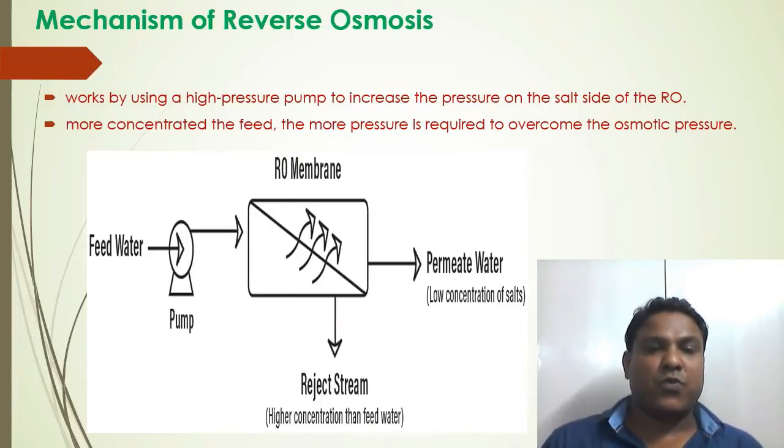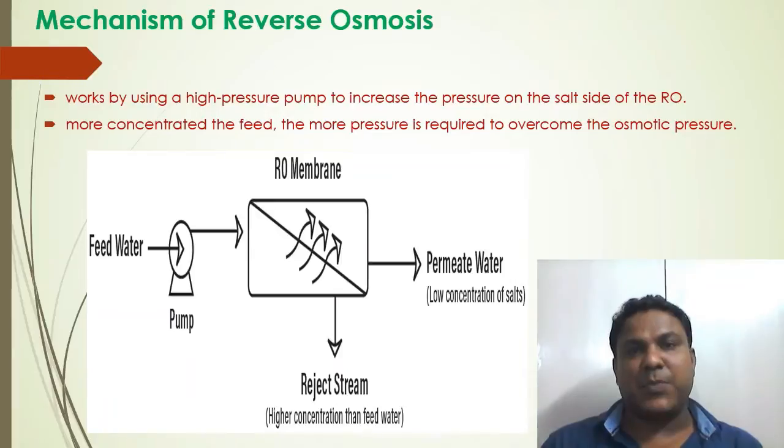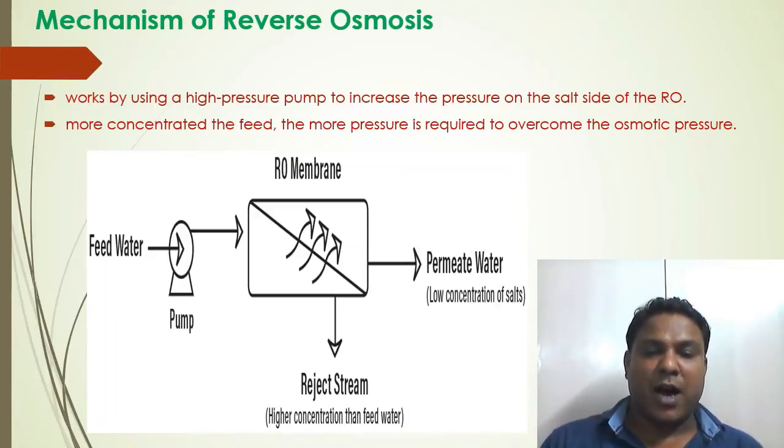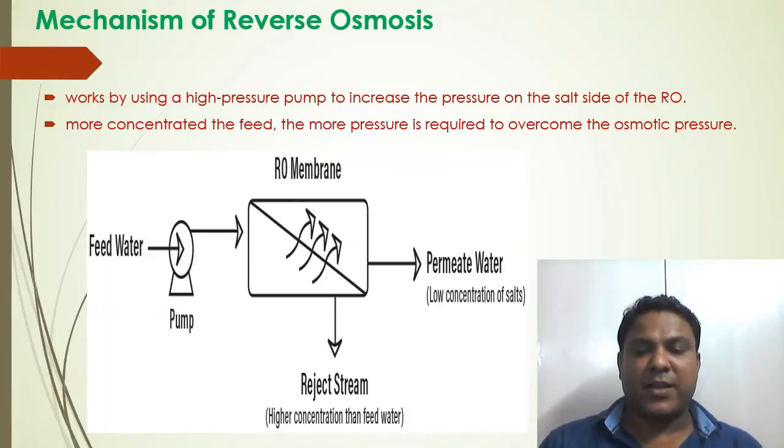Reverse osmosis works by using a high pressure pump to increase the pressure on the salt side of the RO and force the water across the semi-permeable membrane, leaving around 95 to 99% of dissolved salts behind in the reject stream. This semi-permeable membrane acts as a filter, stopping harmful chemicals, organic materials, sediments and other impurities from passing through.